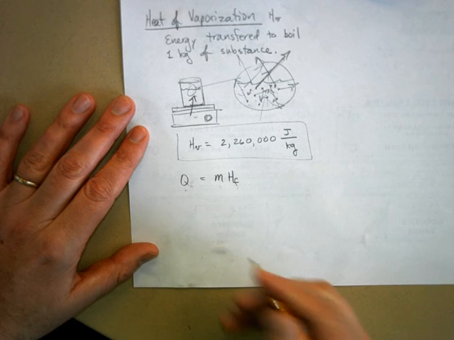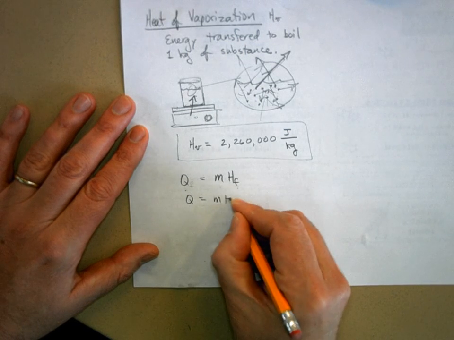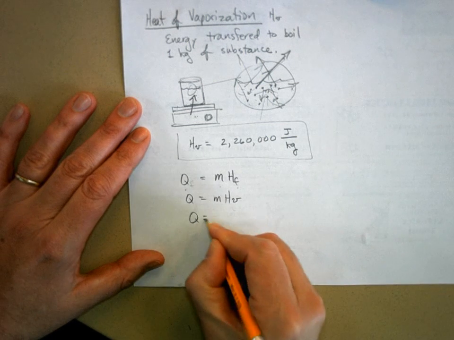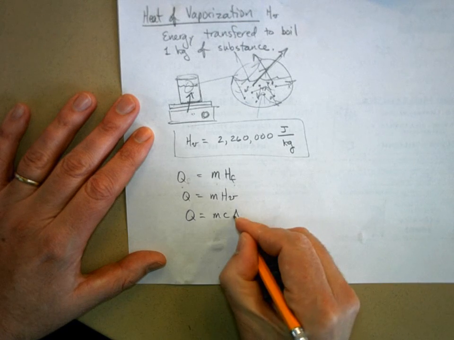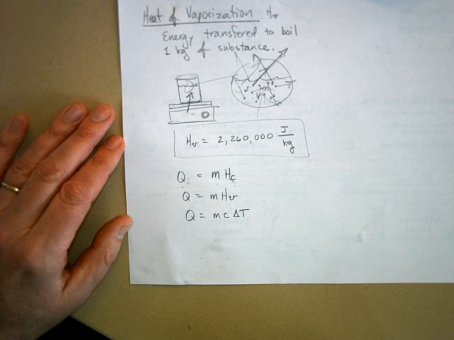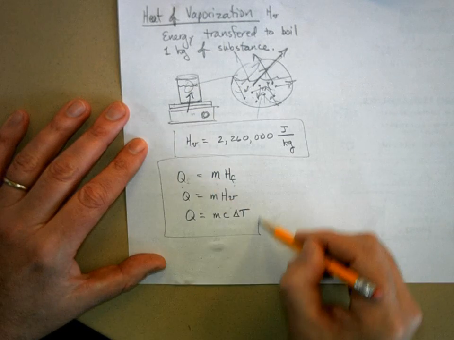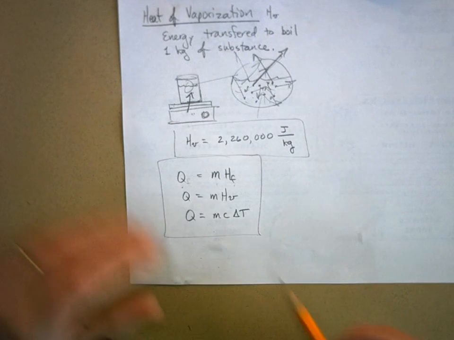And then this is the heat it takes to vaporize some stuff. And then here's the heat it takes to change the temperature of stuff. And then you can use all three of these. Now these are really the three equations we're going to use the most in this unit. There's a couple other ones we'll get to later. And you just add it all up.